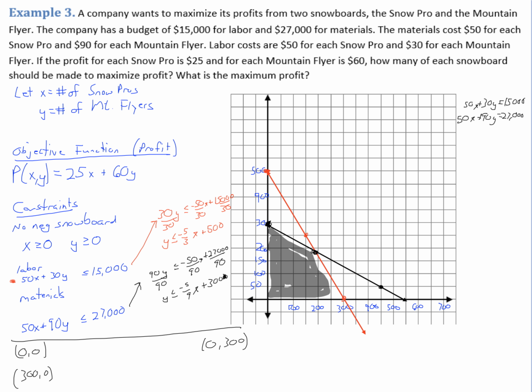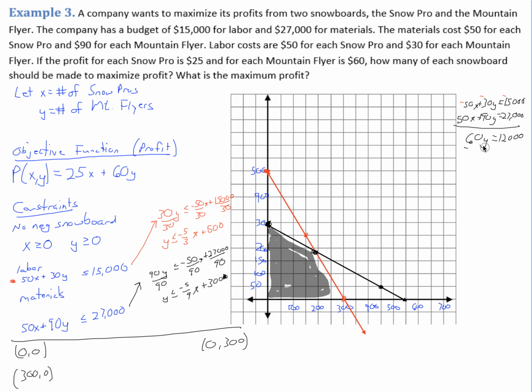And now I would do elimination here. Actually, I would multiply the top by -1, so I would make all these signs up here negative, and then add my way down, and this would be 0. That eliminates x. -30 and 90 is 60y equals 27,000 minus 15,000 is 12,000.